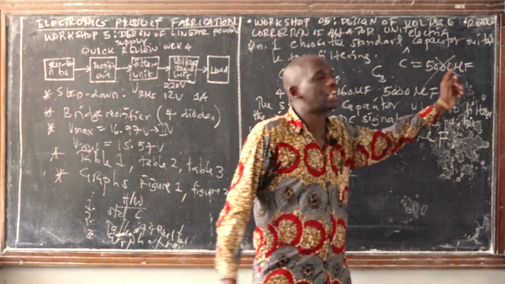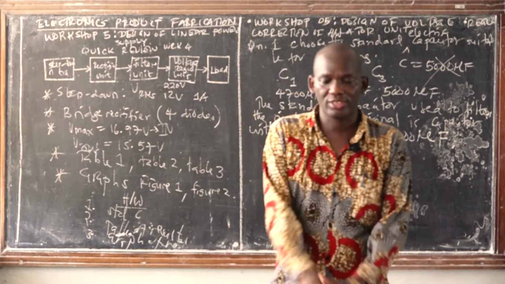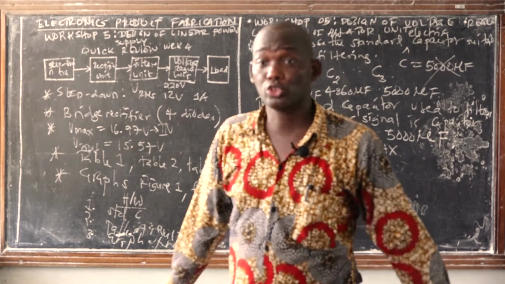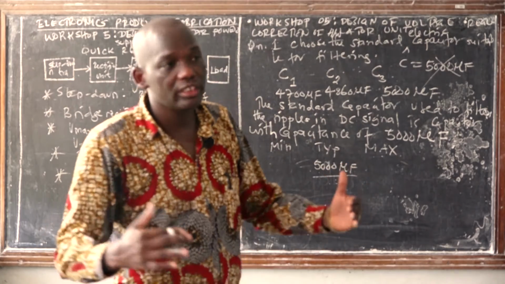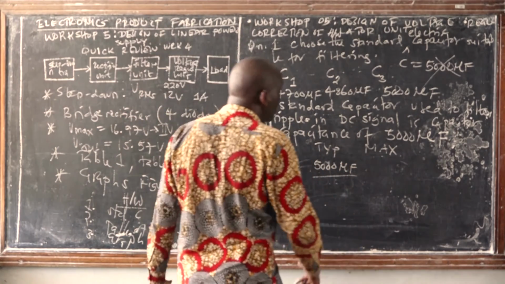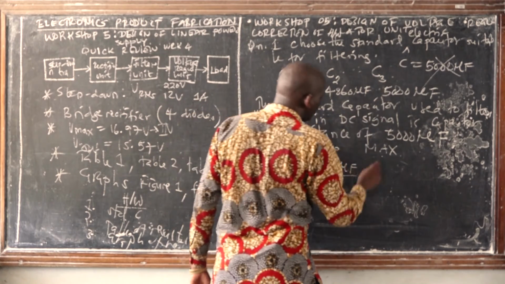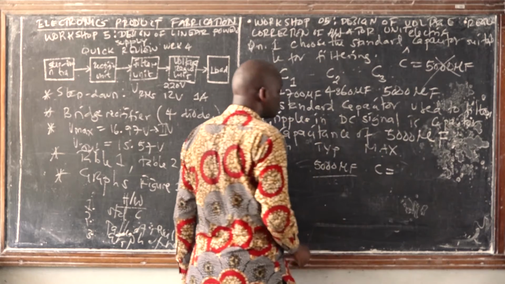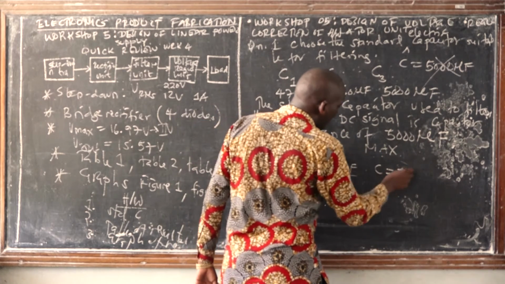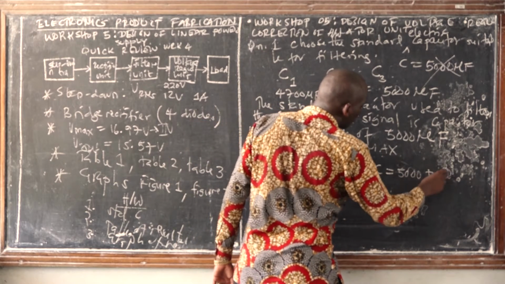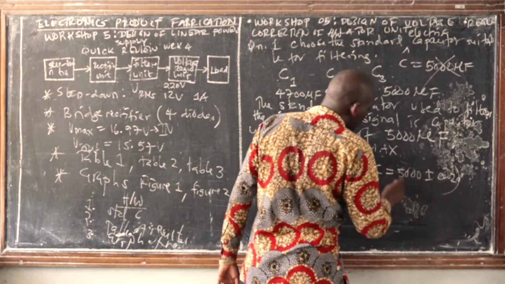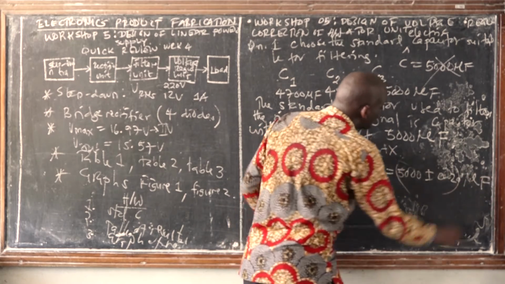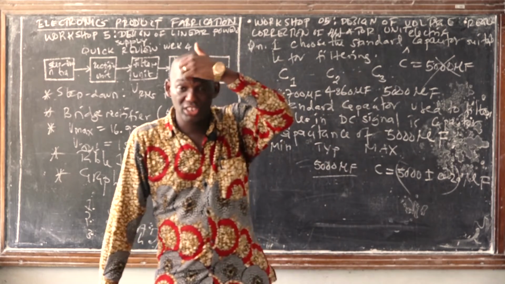We cannot measure the capacitance and find exactly 5,000 microfarad. We should also include the tolerable error. If I say I measured the capacitance and found 5,000, let's say plus or minus 0.2 microfarad, this is acceptable in science and in engineering.